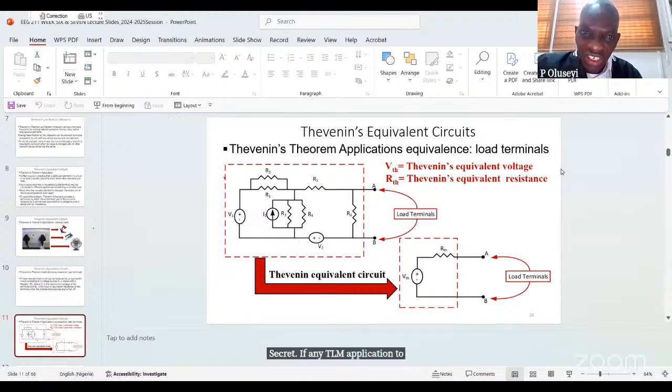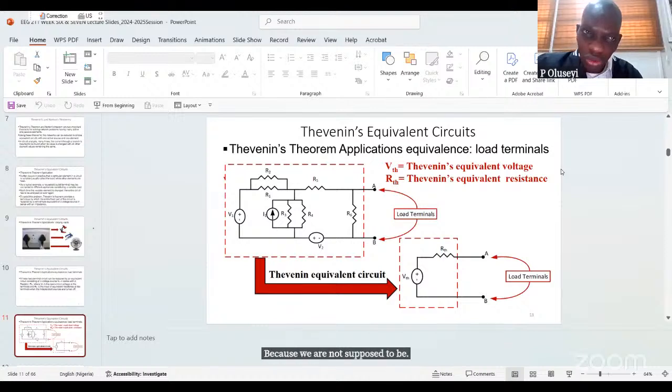You can see here, the load is the only one that was removed. If you look at it, you will see that red arrow that forms like a half cycle, or what we can call an arc. Looking at the first diagram on your left, you will see an arc with arrows pointing to terminal A and terminal B. That's where the load is supposed to be.